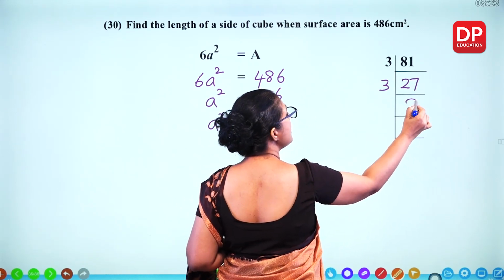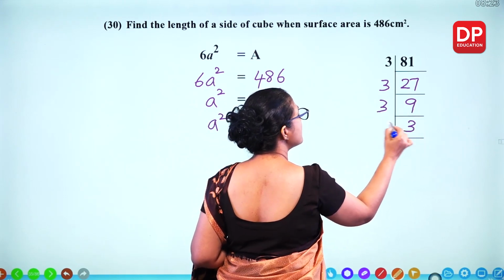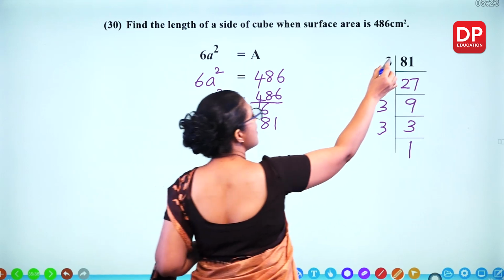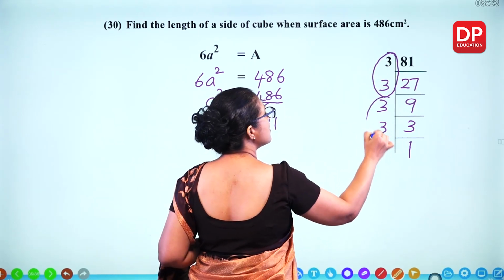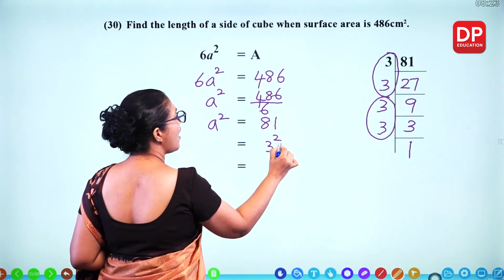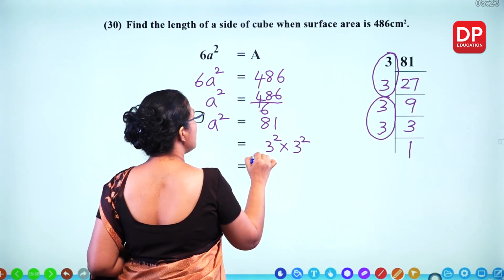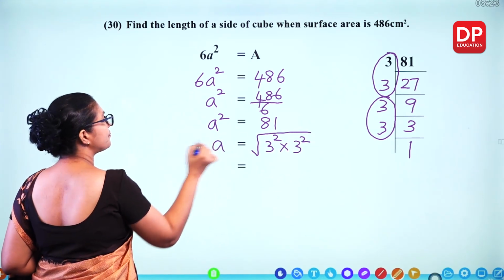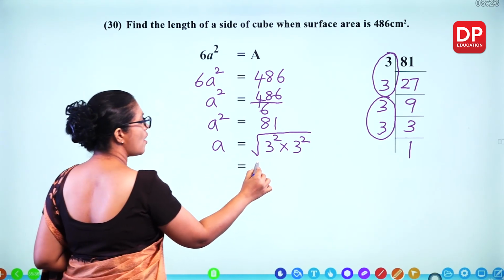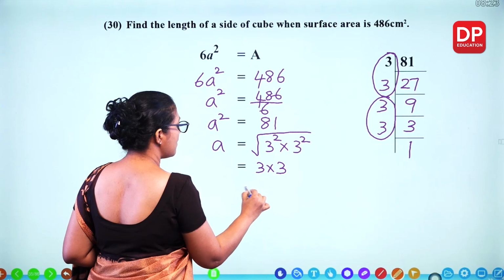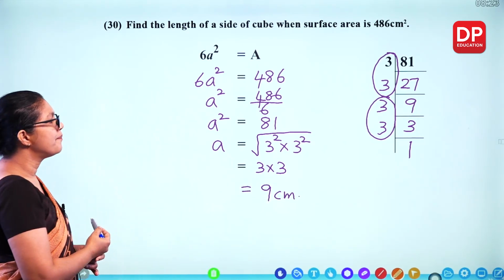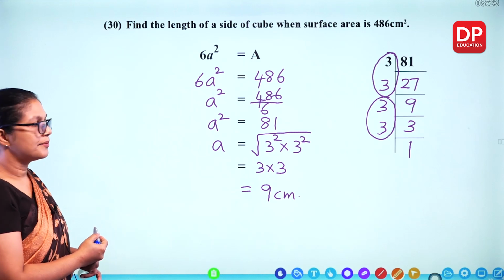Divide by 3 again, 9. Divide by 3, you get 3. Keep dividing till you get 1, and you get 2 pairs of 3s. So you can write 3 squared and 3 squared. When you take the square root, this square term gets cancelled out. You get 3 times 3, that's 9 centimeters for the side length.